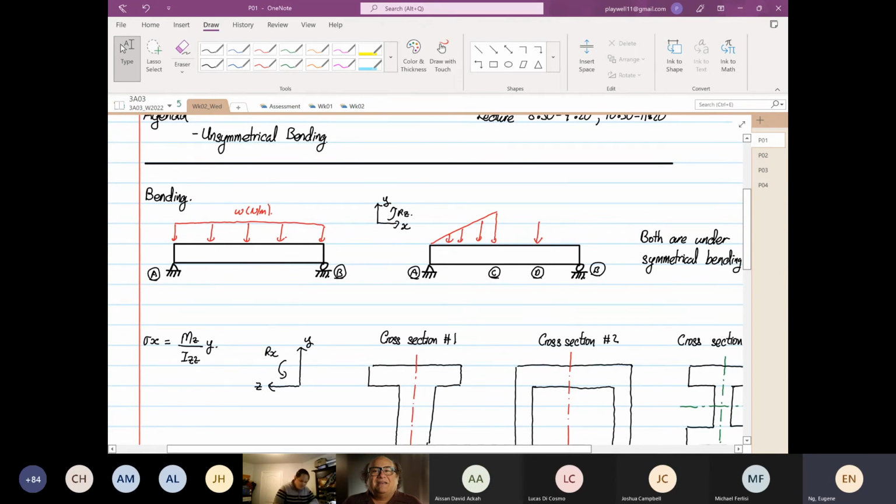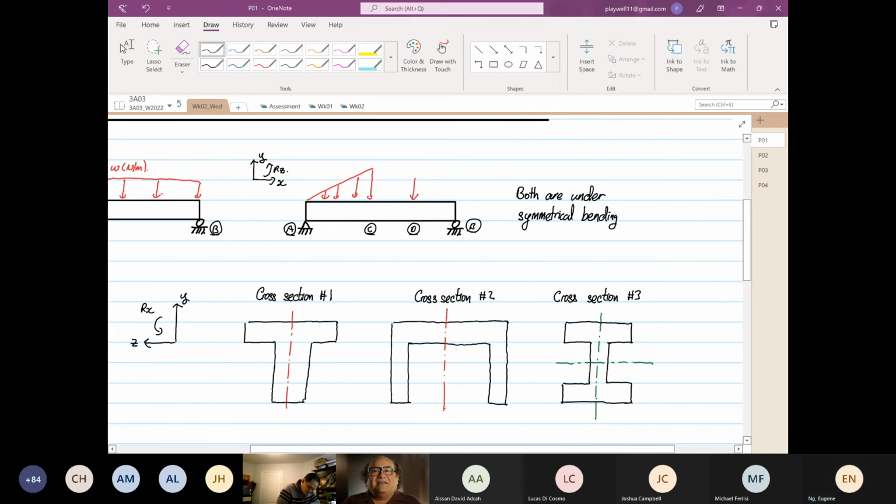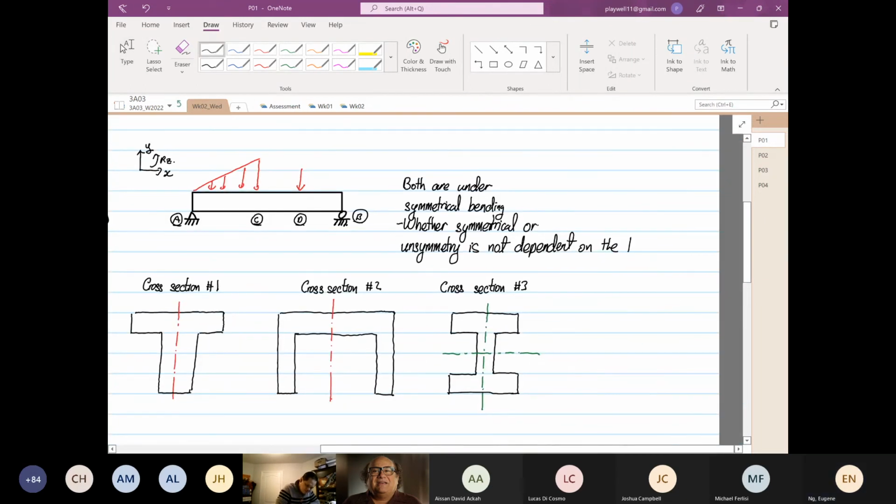Okay, so whether symmetrical or unsymmetrical is not dependent on the load or loading conditions.